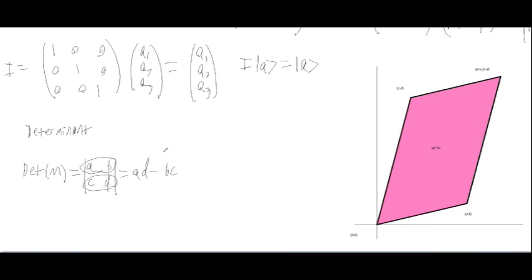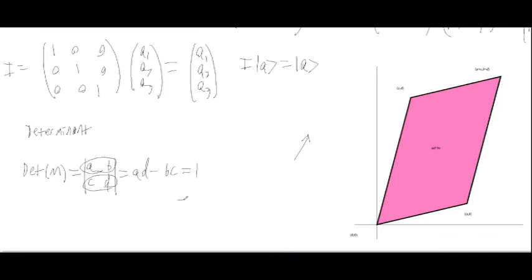The determinant tells us the area, and if it equals 1, then using this matrix on a vector is not changing the magnitude of that vector.